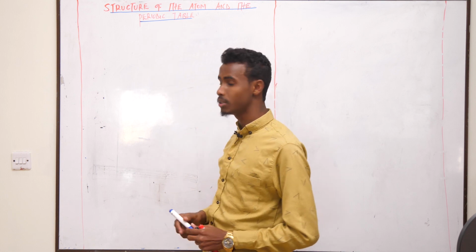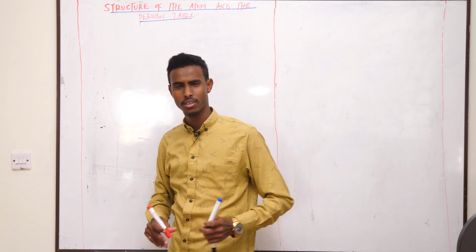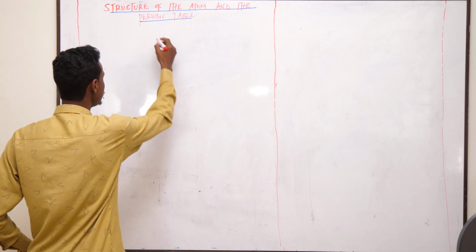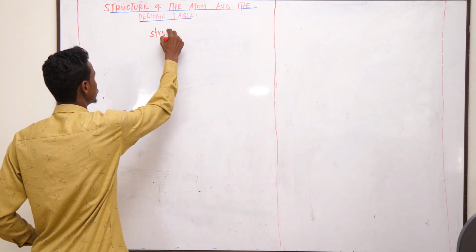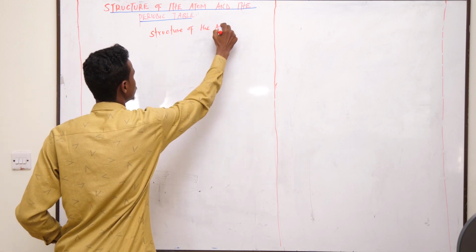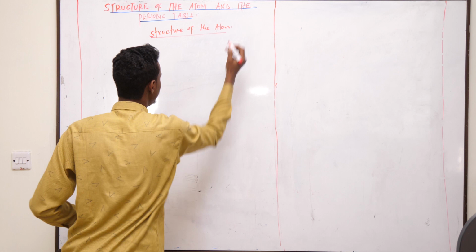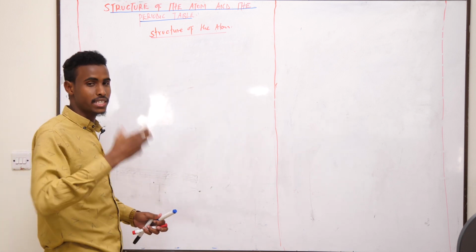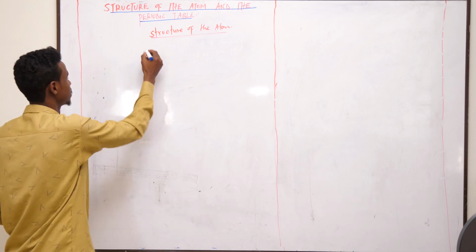Structure of the atom and the periodic table. Let's look at the atom, first part, let's look at the atom structurally. Structure of the atom. Structurally, an atom is composed of the central part, that is the nucleus.